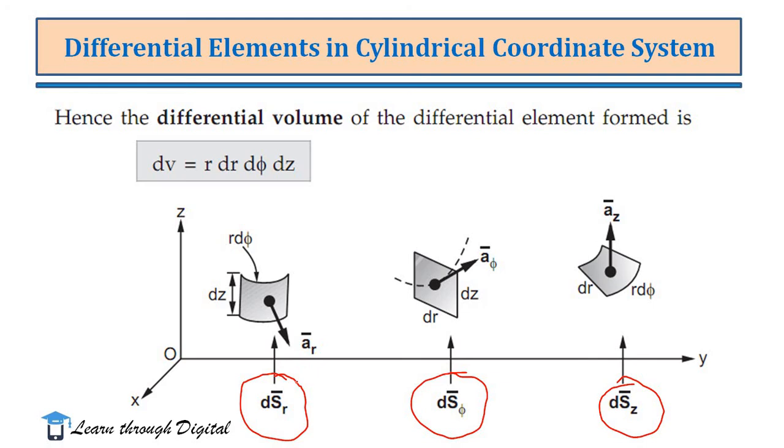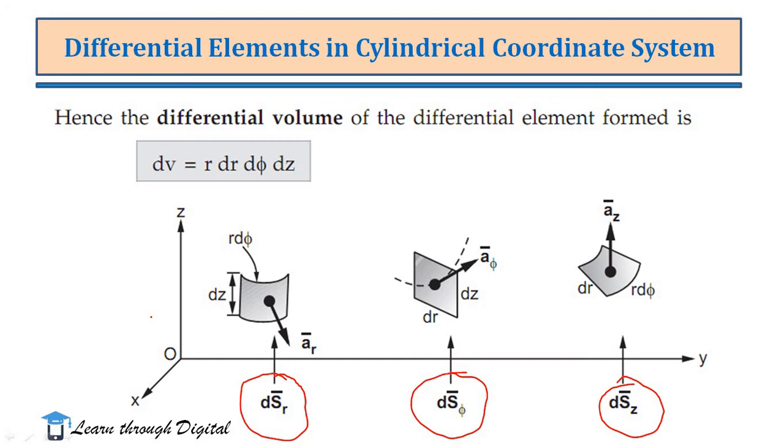First one is ds vector in r direction. The ds vector normal to r direction is r d phi dz ar vector. Next, the ds phi vector is the differential surface normal to phi direction, which is dr dz a phi vector.